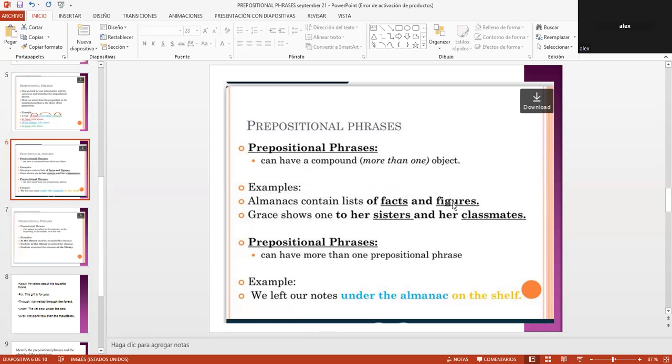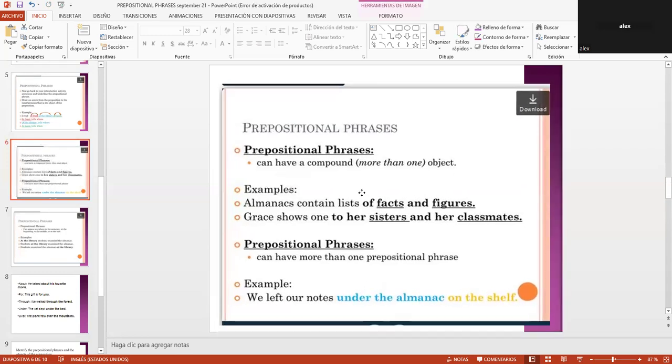That is possible, right? You can have two nouns in one prepositional phrase. Okay, like this. To sisters and classmates is a prepositional phrase, but you have here sisters and classmates. So it means that you have two nouns, right? Sister and classmate. It means that you have two objects of the preposition.